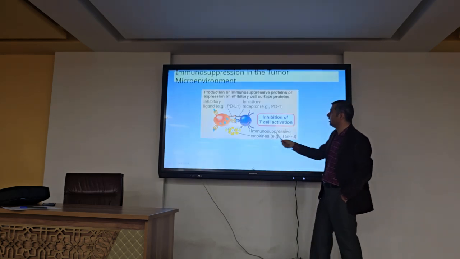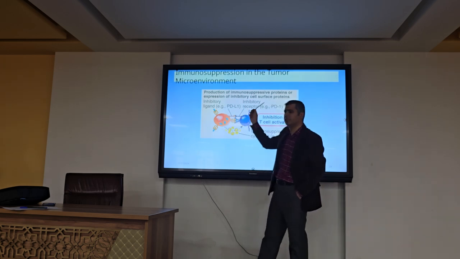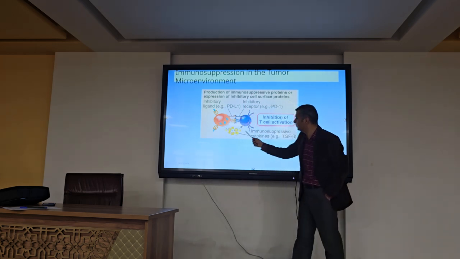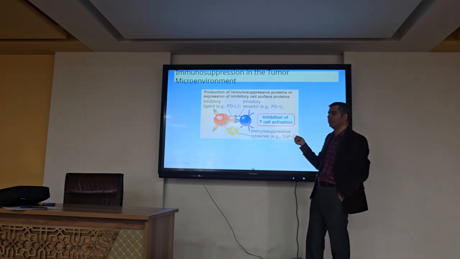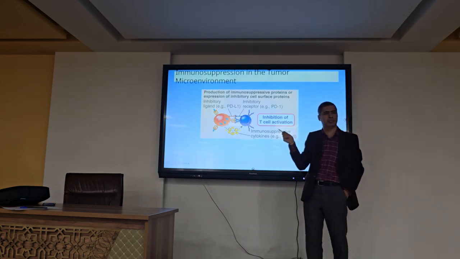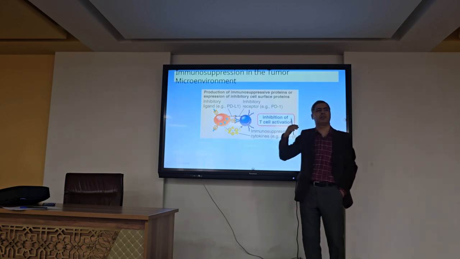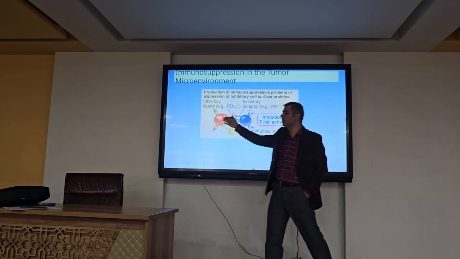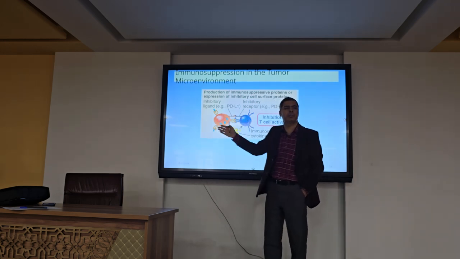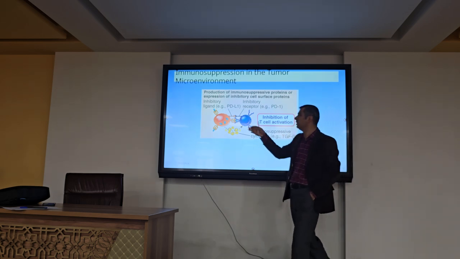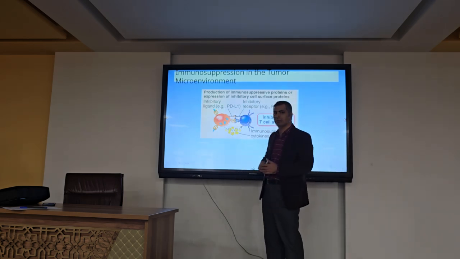But sometimes tumor cells express inhibitory ligands like PD-L1, CTLA4 and produce inhibitory cytokines, TGF-beta and IL-10, interleukin 10. All of them are results of mutation. In the tumor cells, we have mutations that enable the tumor to produce inhibitory cytokines and to express inhibitory ligands like PD-L1.